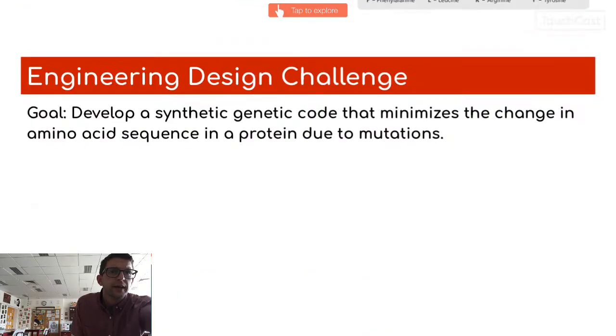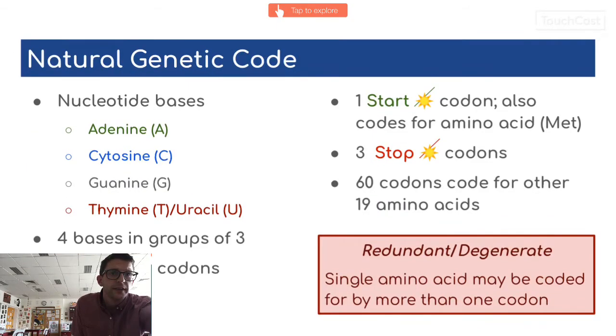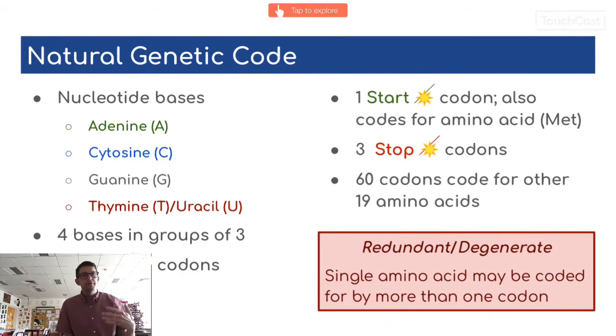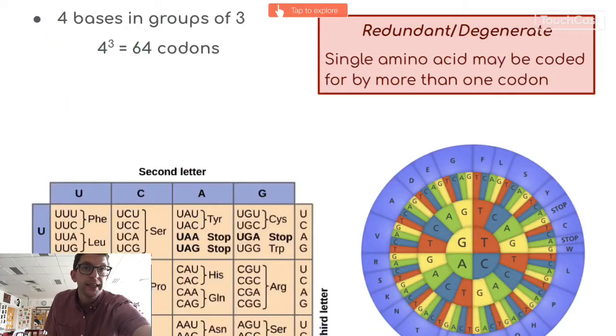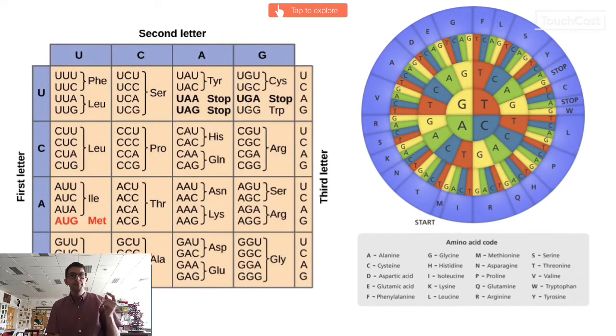If we go back here, we see that there's redundancy, and it doesn't prevent mutations from happening. Mutations are still going to occur regardless. But there is a function, and it is important, because if a substitution mutation were to happen and one base were to change into another base, maybe the same amino acid would still be coded for, and the sequence of amino acids in the protein would stay the same.